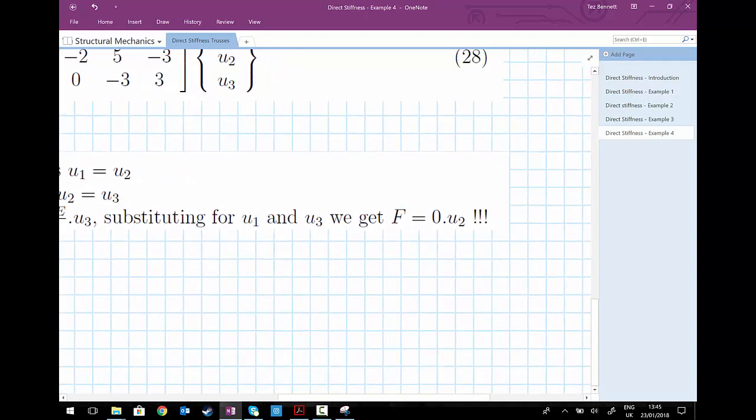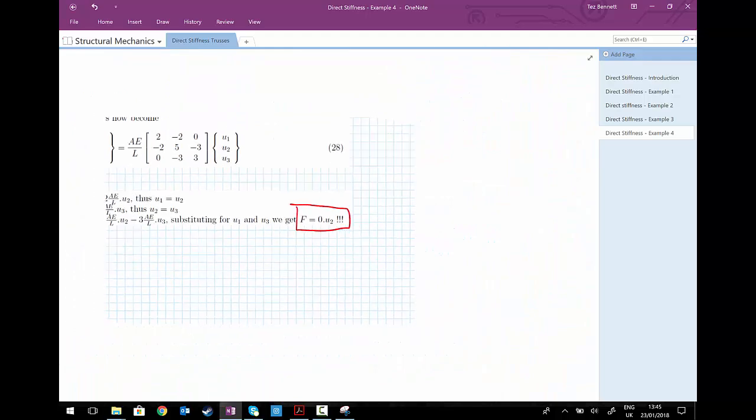We'll leave it in terms of U2. Finally, substituting for U1 and U3, we get that F equals 0 times U2. It doesn't matter what value U2 is, when you multiply by 0 it means that F must be equal to 0. And that can't be right because we've decided what F is, what the external force is, and unless it's 0, this system of equations doesn't work.